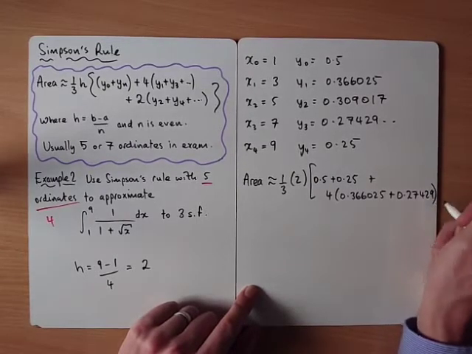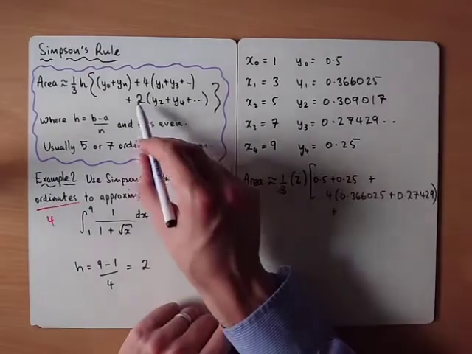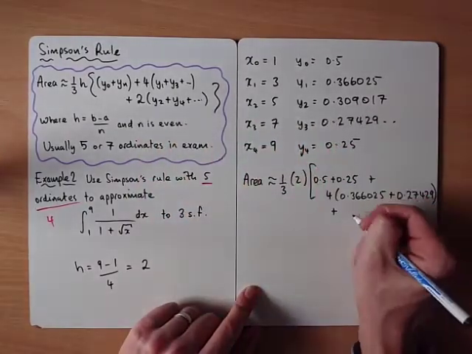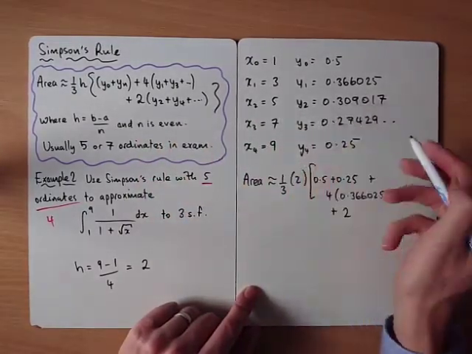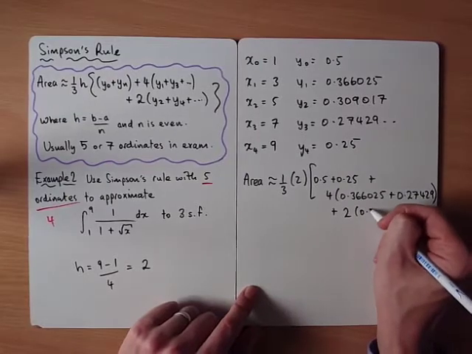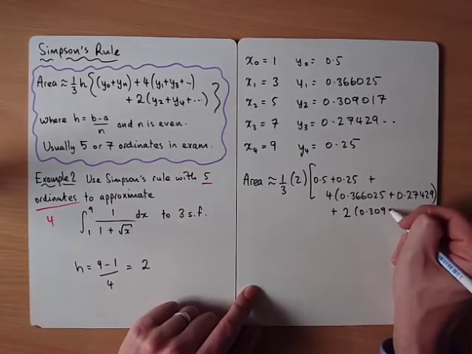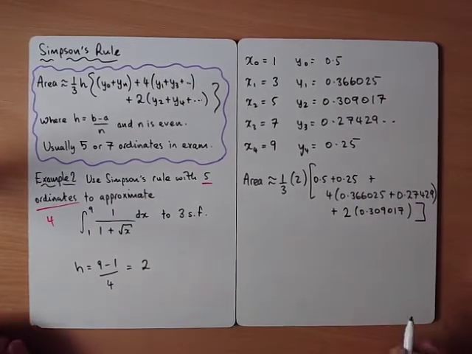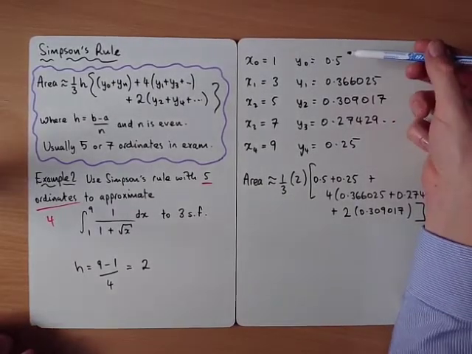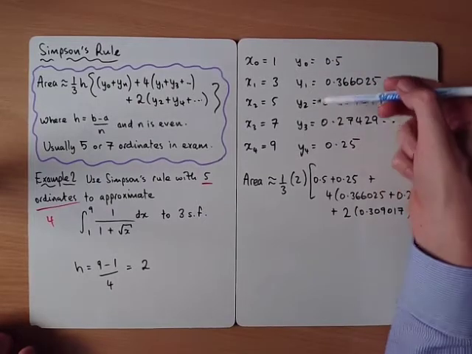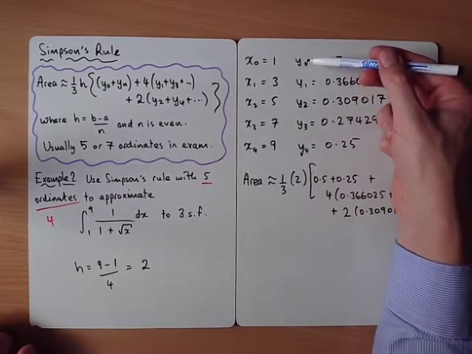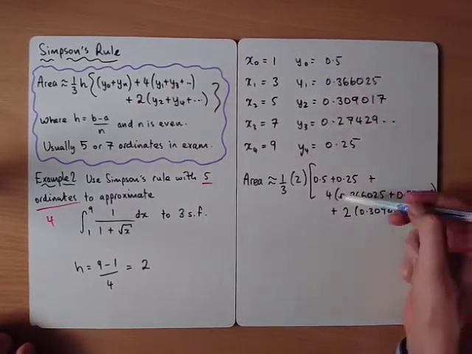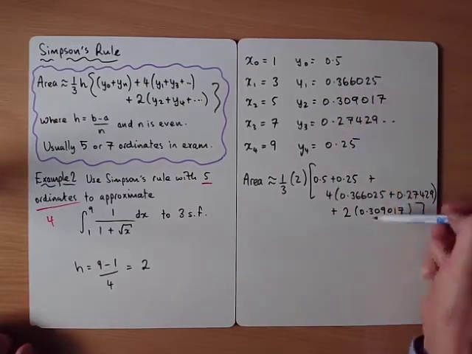And 2 lots of the evens. In this case, it's only y2. Obviously just be careful, make sure we use the correct y0 notation. So first and last, 4 lots of these, 2 lots of these.